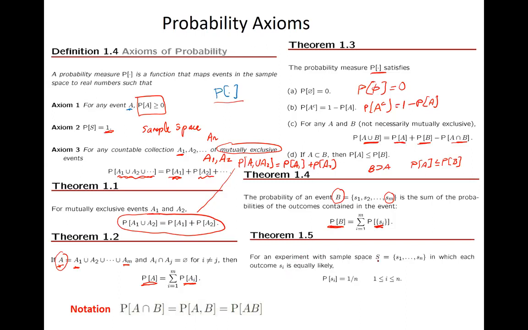For any experiment with sample space S, where we have n outcomes, each outcome is equally likely. If each outcome is equally likely, then probability of any outcome will be 1 over n, the number of outcomes in the sample space. These are called equally likely events or outcomes.